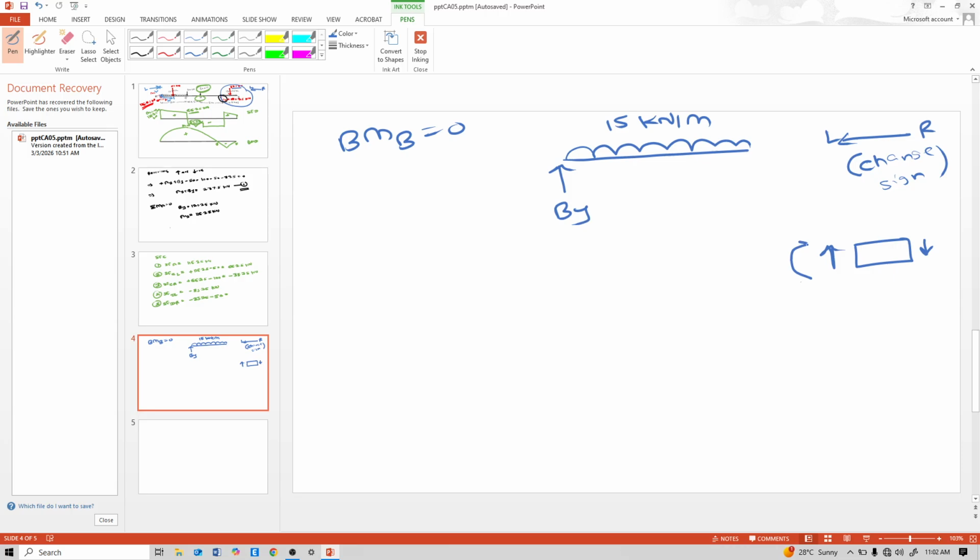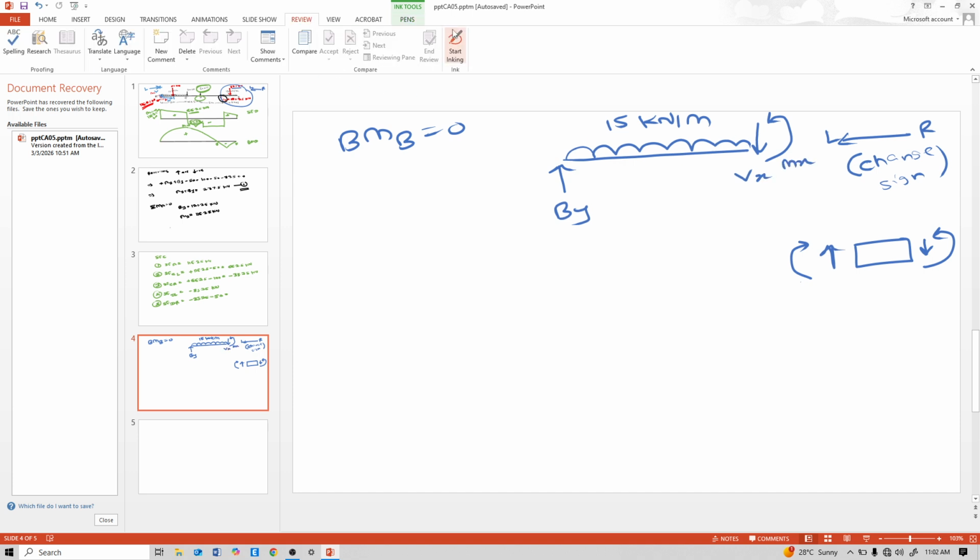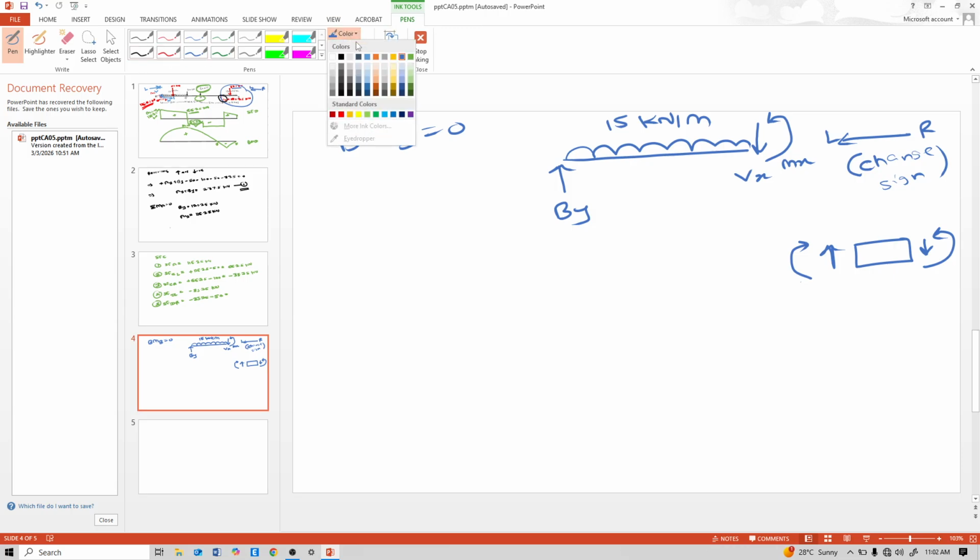This is positive shear and this is positive moment. This is Vx, this is Mx, and we will calculate bending moment at this point. So Mx is anti-clockwise, so minus Mx, clockwise is positive, anti-clockwise is negative, plus BY into x. This distance is x.